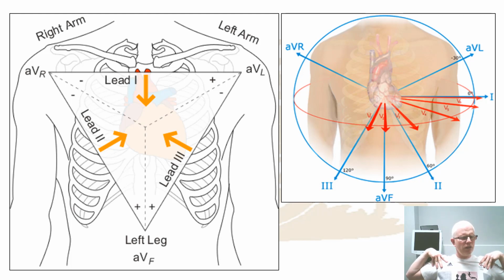So it's the atrioventricular on the right, atrioventricular on the left, and atrioventricular for the feet, or for the left leg. And so what you're doing is creating this picture. And of course, the arms are sitting slightly back, pulled back slightly compared to the leg, and so now you're starting to build up a map around the heart. But that only gives us 3 of the outcomes.